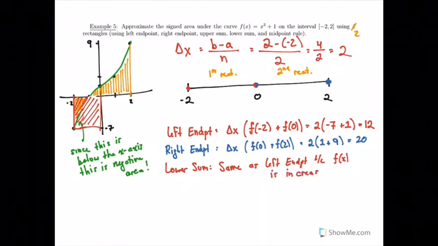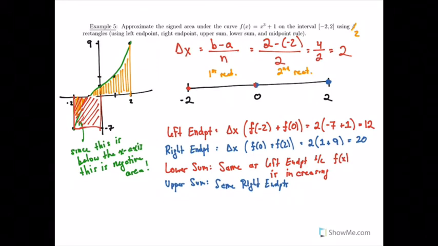So the left endpoint is always going to be the smallest function value. And for the upper sum, this is going to be the same as the right endpoints. Again, because the function is increasing.